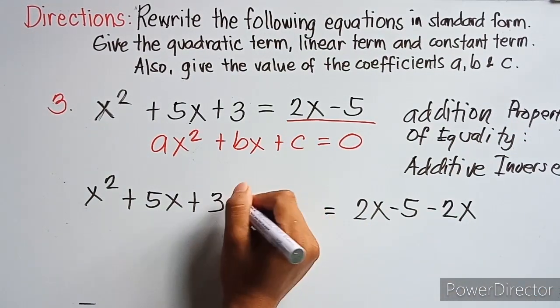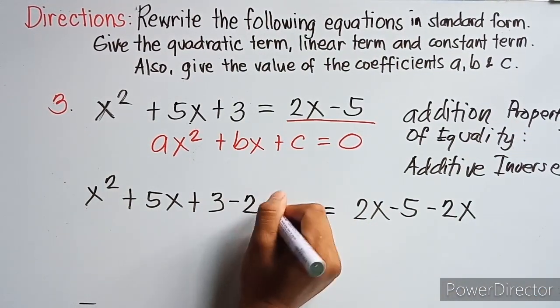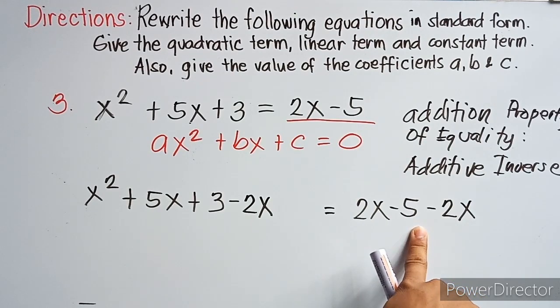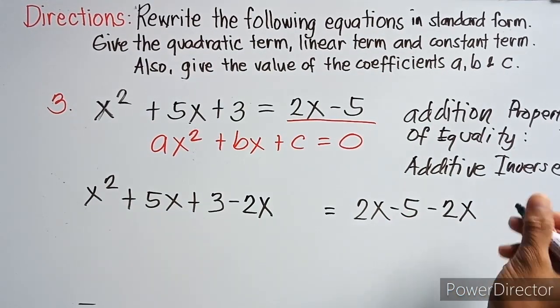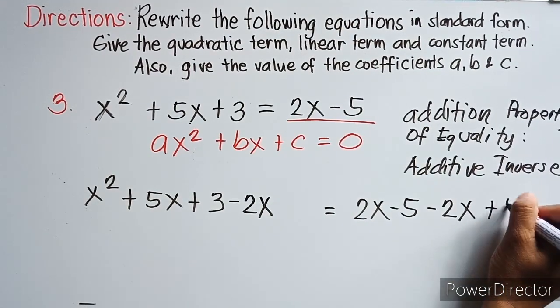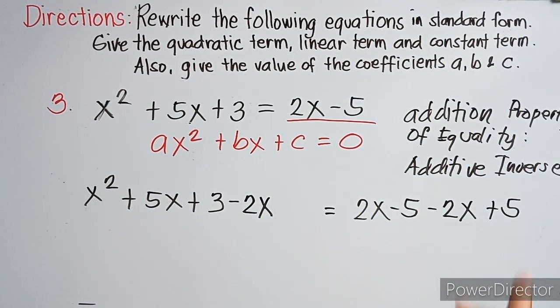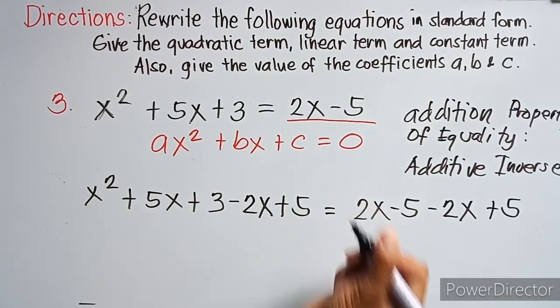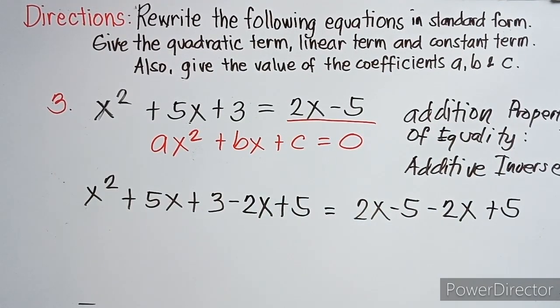So, lalagyan natin siya ng minus 2x. Then, another one, negative 5. So, ano ang additive inverse ng negative 5? Kung ito ay negative, ang additive inverse niya ay positive 5. So, ginawa sa right side, gagawin din sa left side. Plus 5.